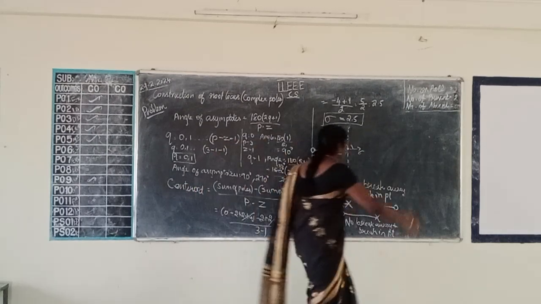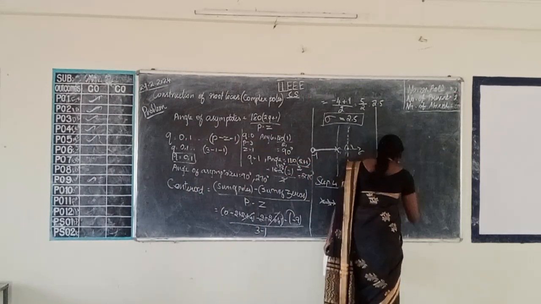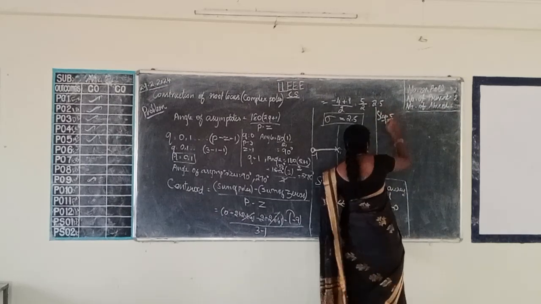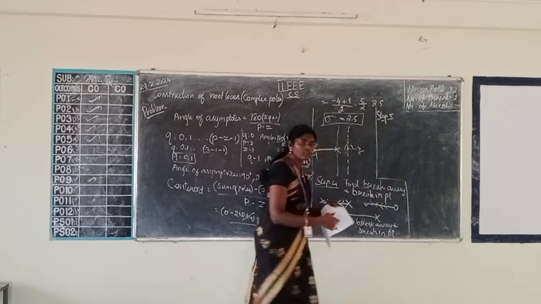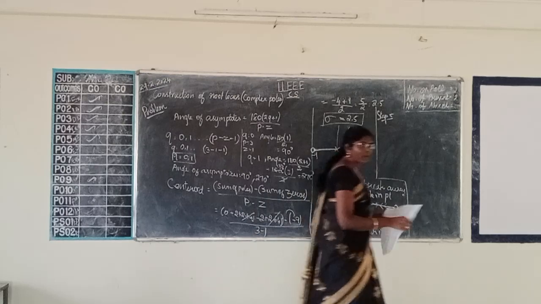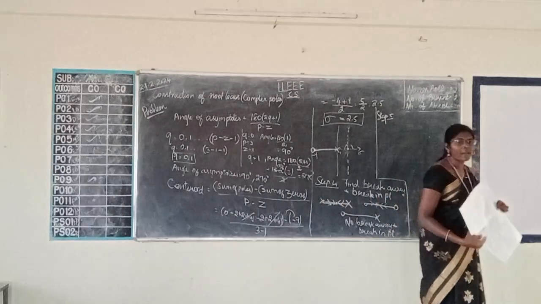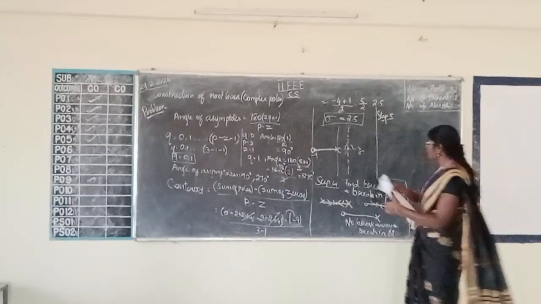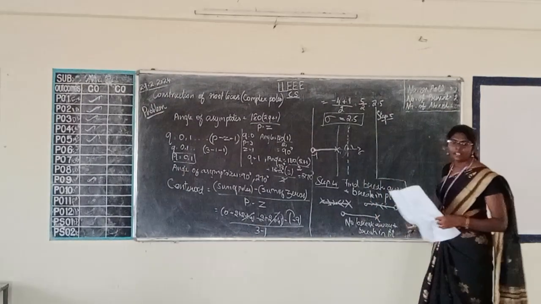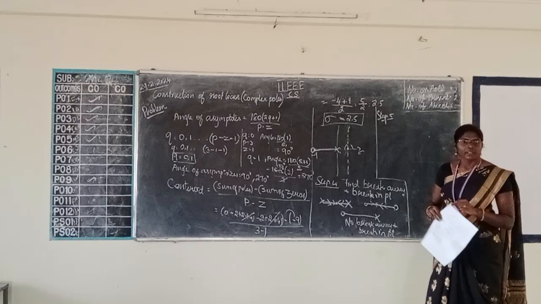And next, step 5, what is this? Find the crossing point on the imaginary axis. Now you have to find out the point where it is crossing the imaginary axis. And for that, what do we have to do? We have to go for the closed loop transfer function.